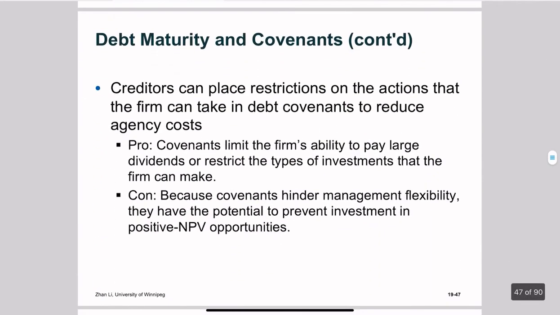And second, lenders such as banks can actually place some restrictions on the actions that the shareholders can take. And you can see that this could be useful, right? Because in the case of asset substitution, we know that shareholders will pursue negative NPV risky projects, right?